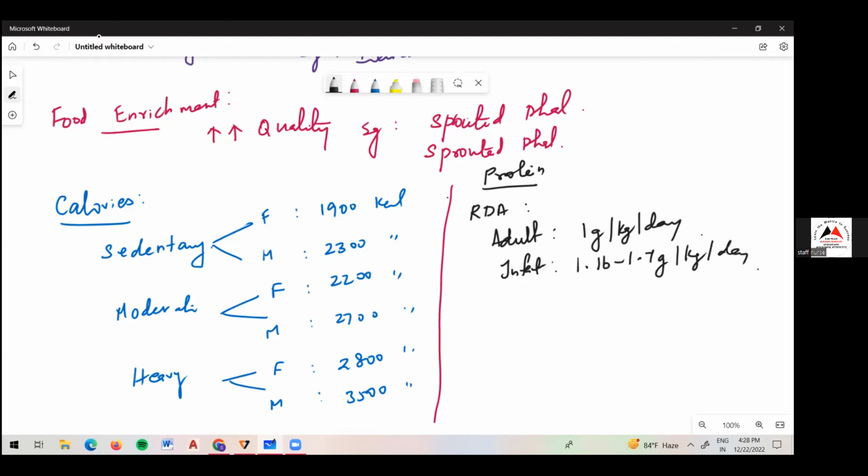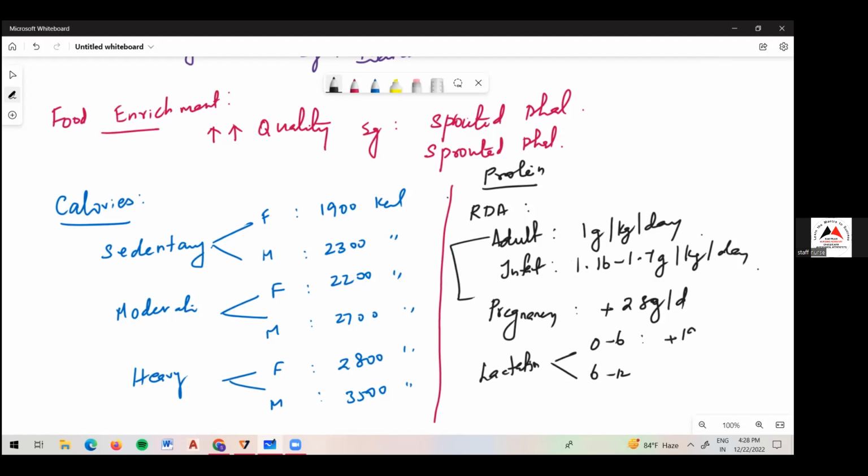Then how much protein is needed in pregnancy? In pregnancy we need an additional plus 28 grams per day over the routine. For lactation, 0 to 6 months, an additional 19 grams per day, and for 6 to 12 months, an additional 11 to 13 grams per day.